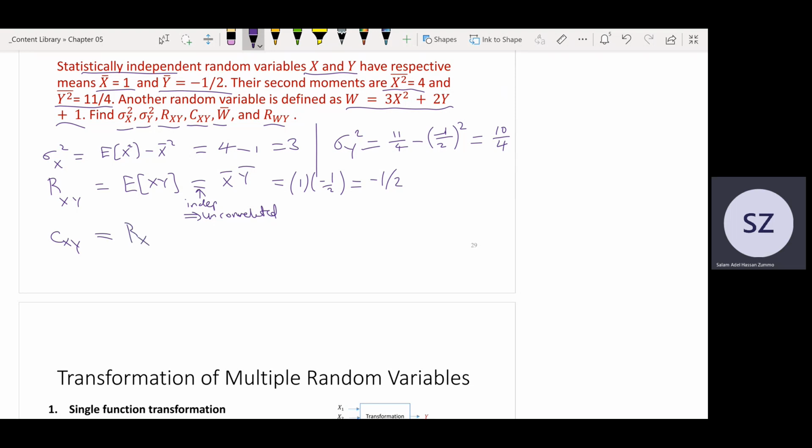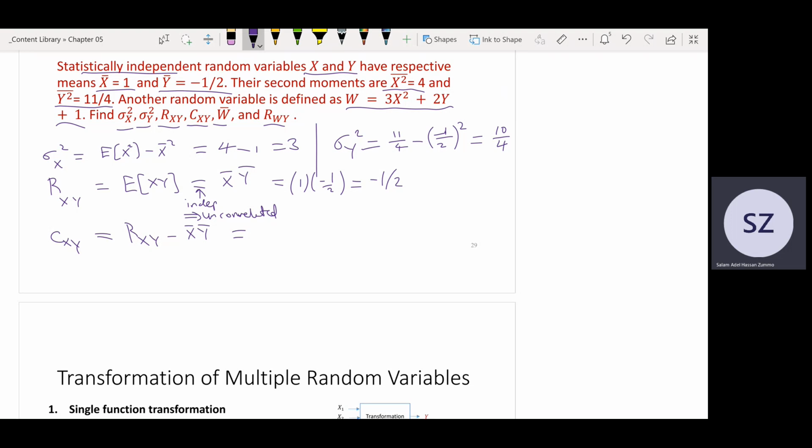Again, if you forgot the equation, you can always go back to the definition. Minus what? x bar y bar. Right? We know, of course, you can go through this and so on. But can you know that it's 0 before that? Why? I gave you that it's independent. Independent means uncorrelated. It means that this is equal to 0.